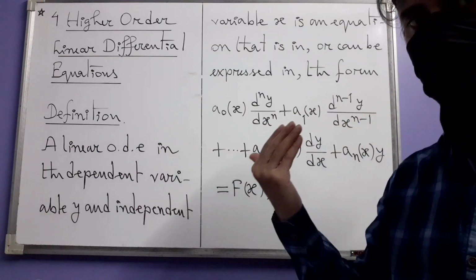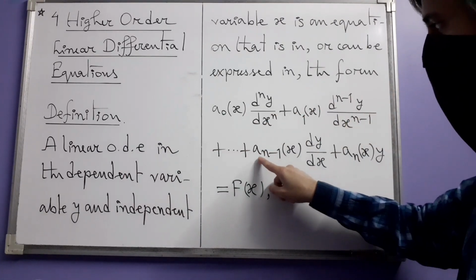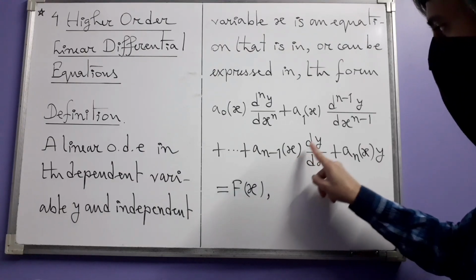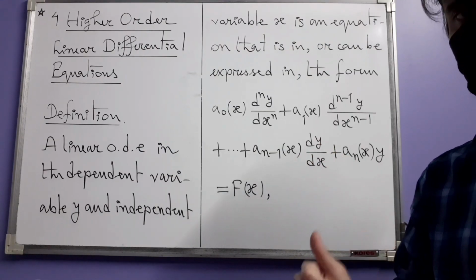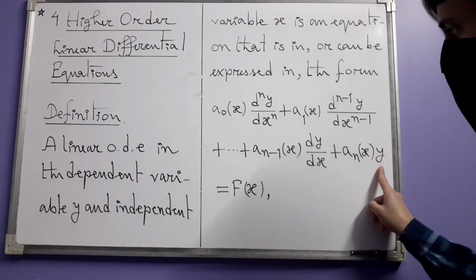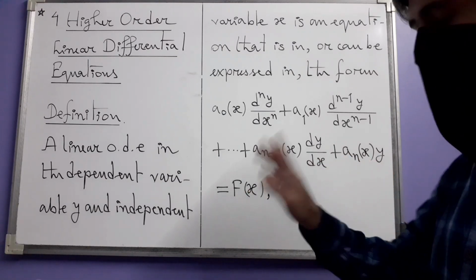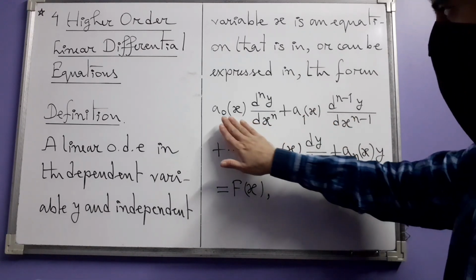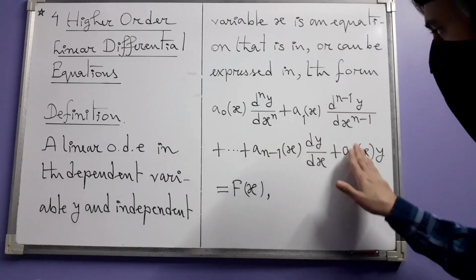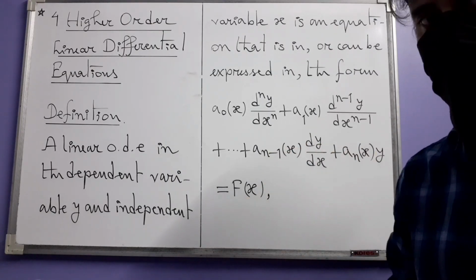In that pattern it goes, and eventually we reach a(n-1) of x times dy/dx plus an of x times y equals capital F of x. So these are functions of x only, the right hand side also.